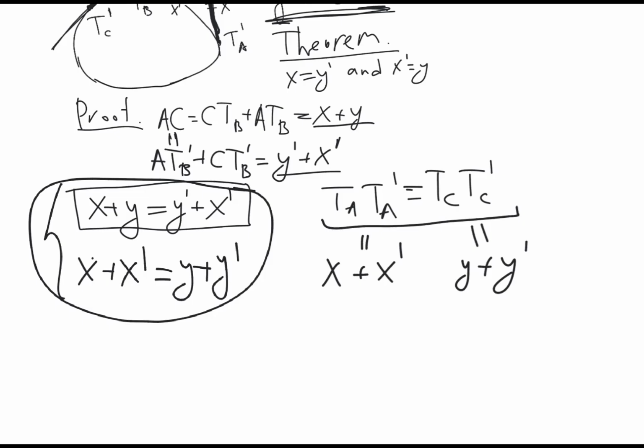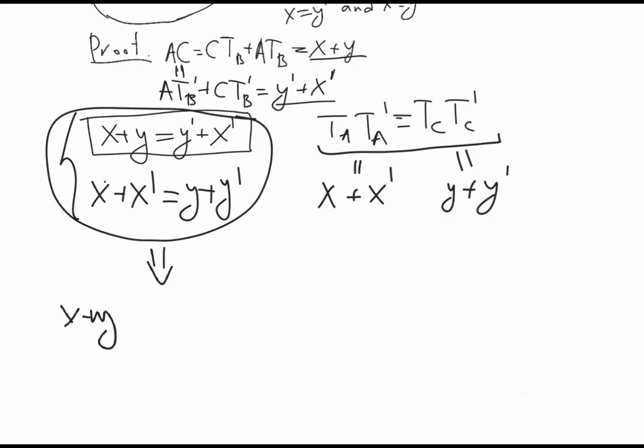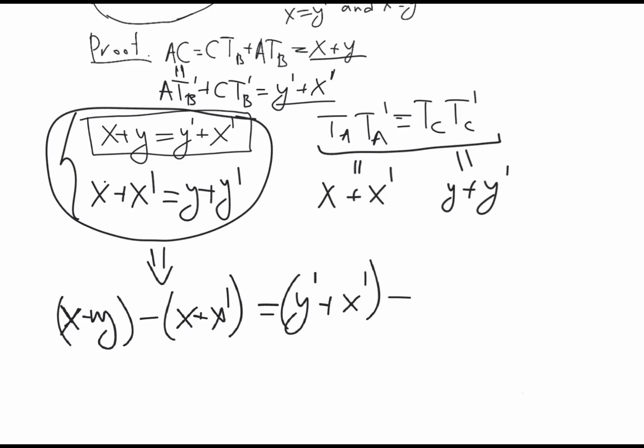So we have these two equalities, and from this we can conclude. If we subtract the second one from the first one, we get x plus y minus x plus x prime is equal to y prime plus x prime minus y plus y prime.